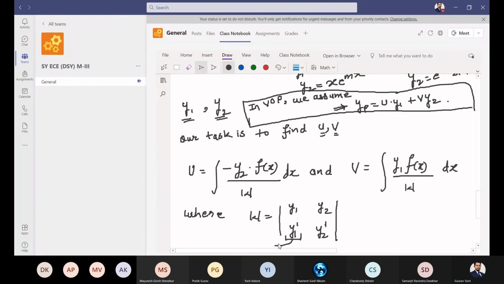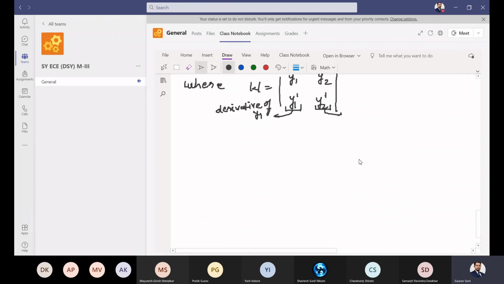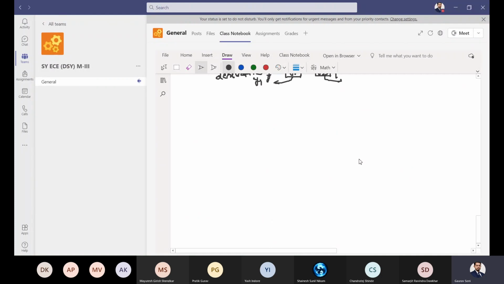Actually, y1 dash is the derivative of y1, and y2 dash is the derivative of y2. So this is the complete procedure to solve any example by variation of parameters.